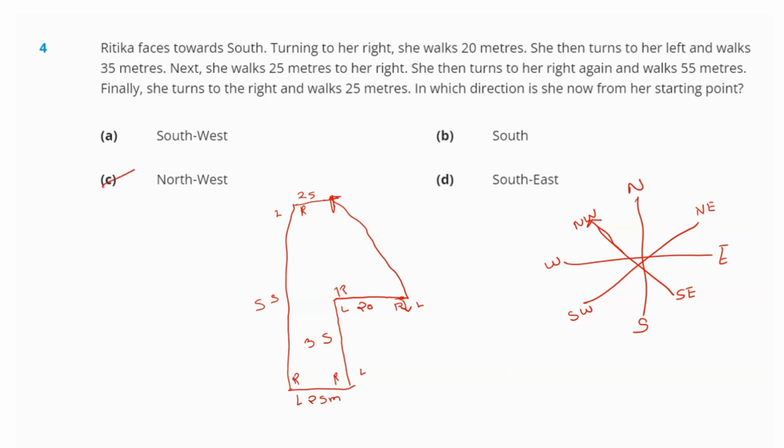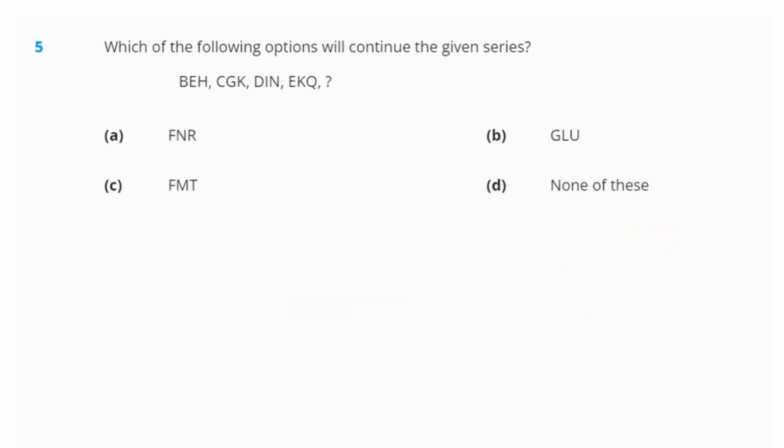Moving on to the next question. Which of the following options will continue the given pattern? If you look closely at the pattern, it is B, E, H. C, G, K. D, I, N. E, K, Q. If you closely see, the pattern is in this way.